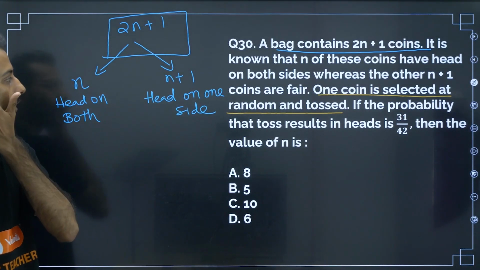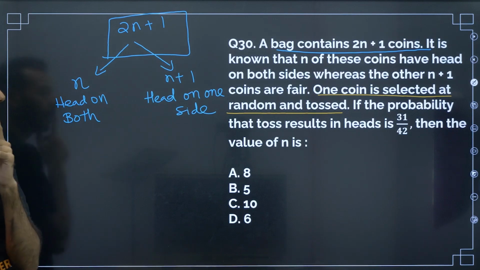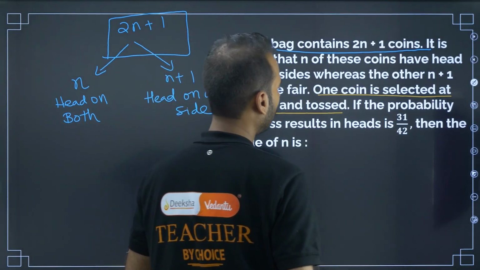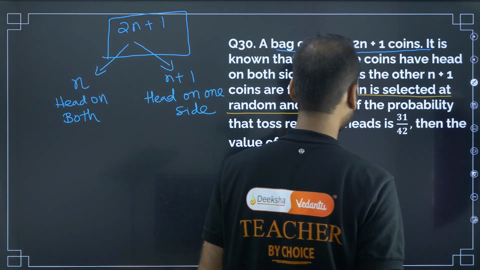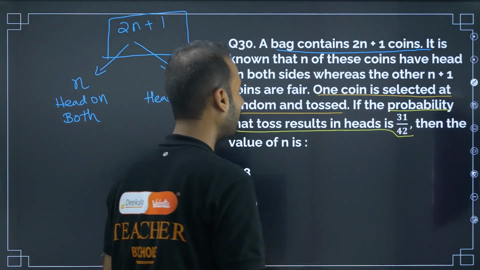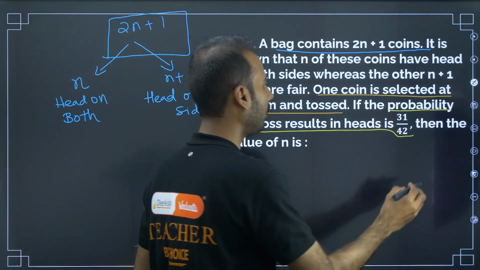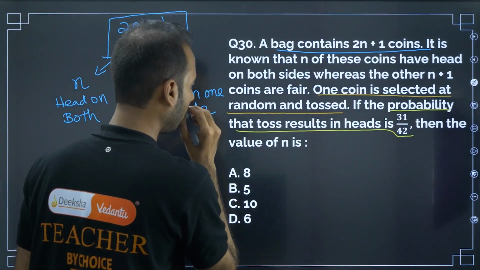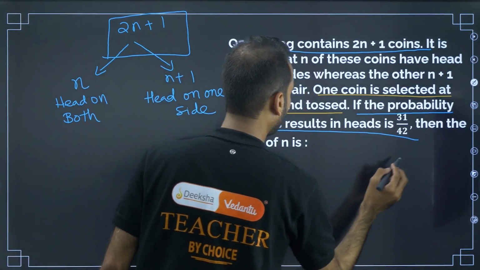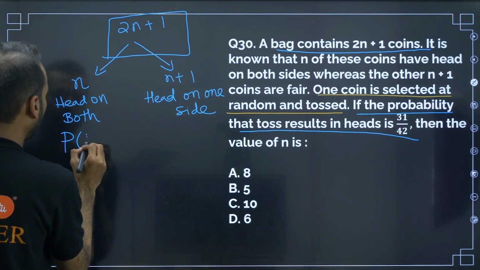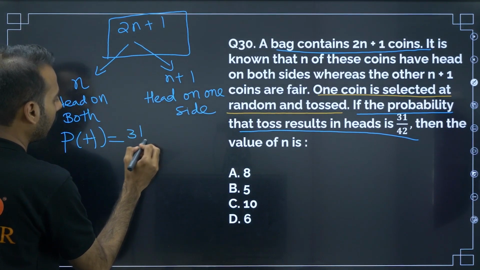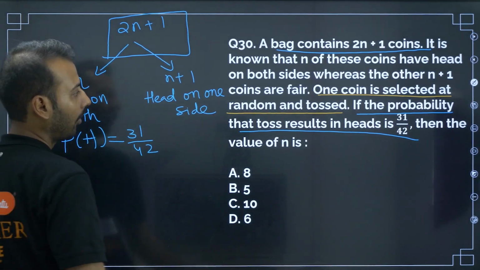If the probability that the toss results in head is 31 by 42, then the value of n is what?